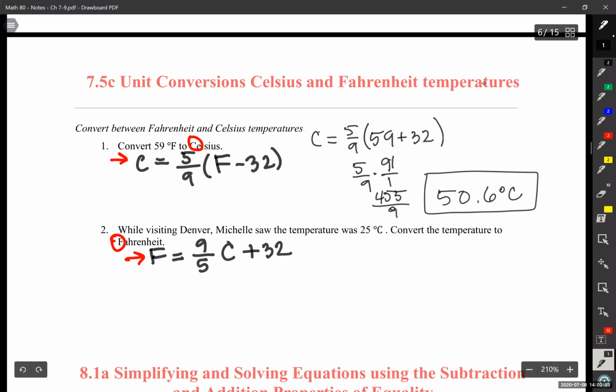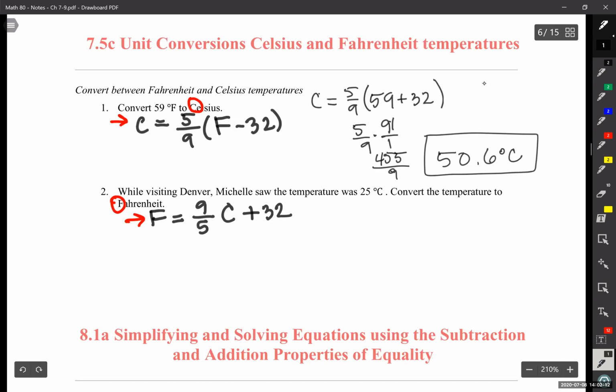In fact, I think number 2 is even easier because this 9/5 will reduce pretty nicely. It's actually another formula you could use if you prefer is 1.8C plus 32 because 9/5 is the same as 1.8.